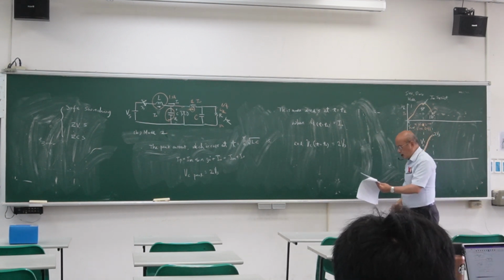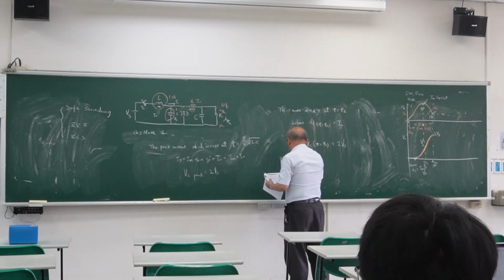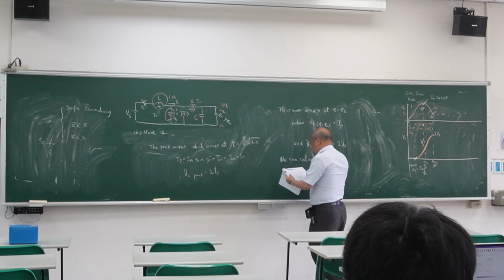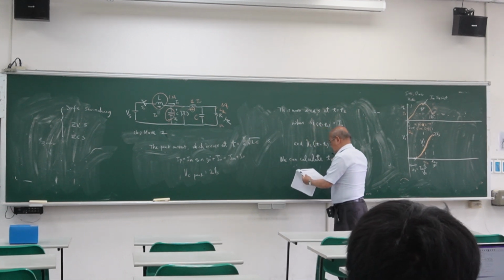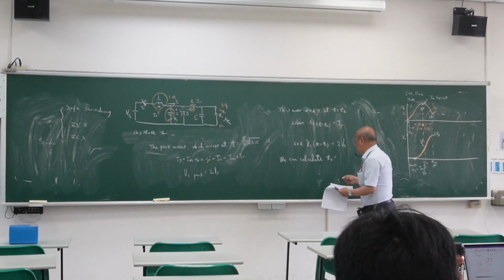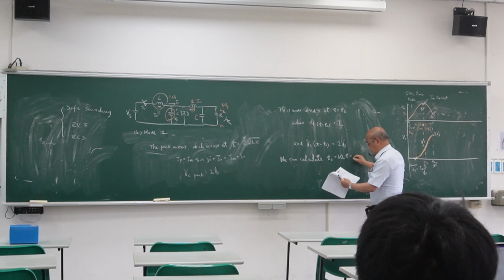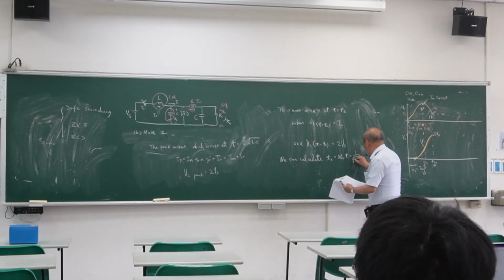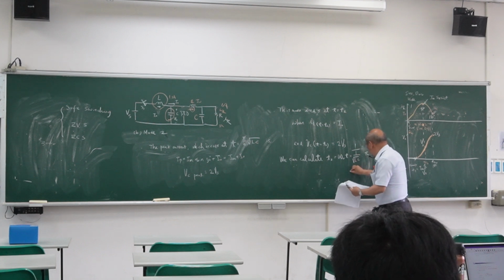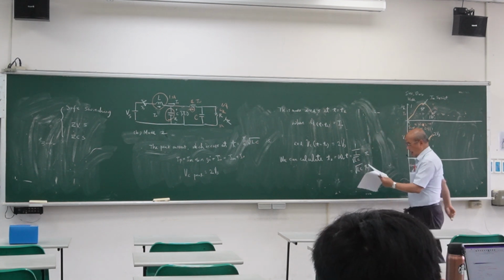So then we can calculate t2. t2 is equal to omega 0 t. So it is square root LC multiplied by pi.